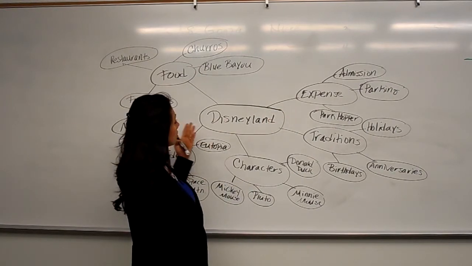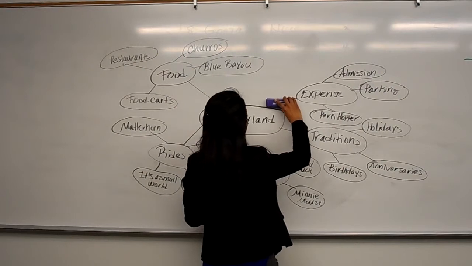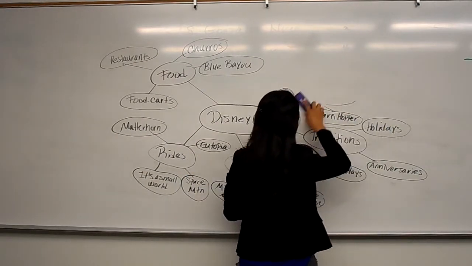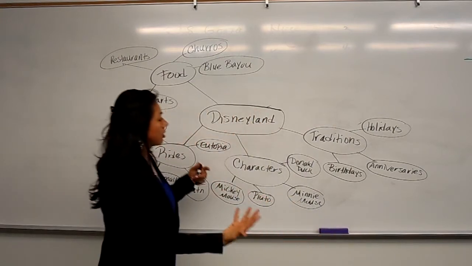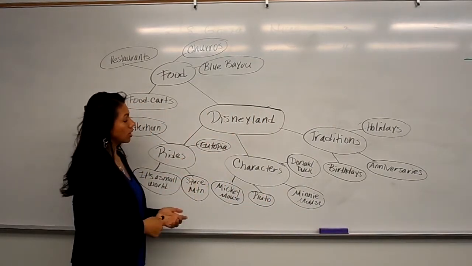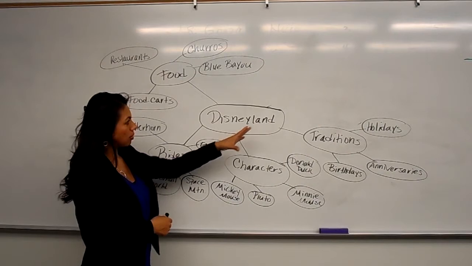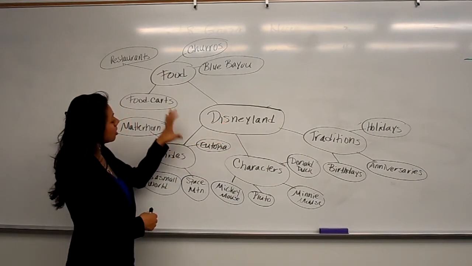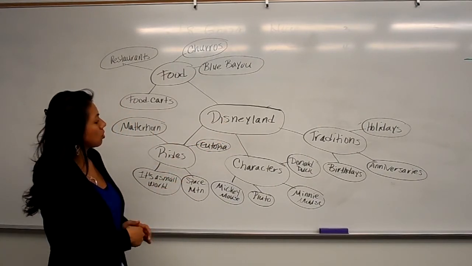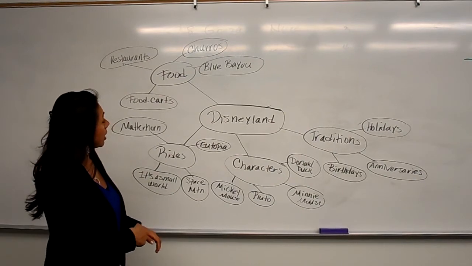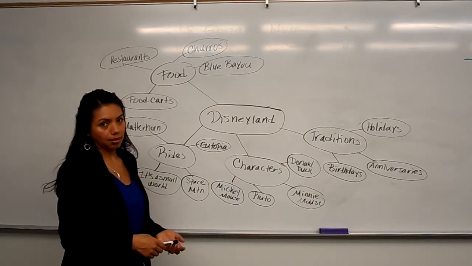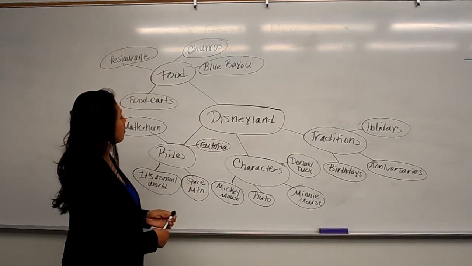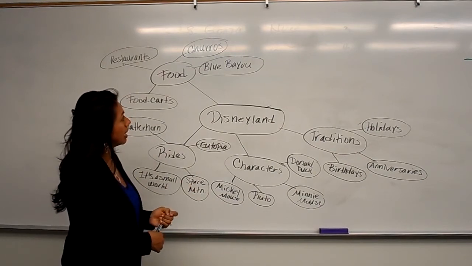So since we have more reasons to go, what you do is you get rid of this expense. Okay? Why? Because you're looking for reasons only supporting your decision to go to Disneyland. That one didn't fit. So then in this case, you have at least 3 reasons to go to Disneyland. And what you can do from here is you have enough content to be able to write a paragraph or an essay. In this case, you have plenty of content to be able to write an essay.